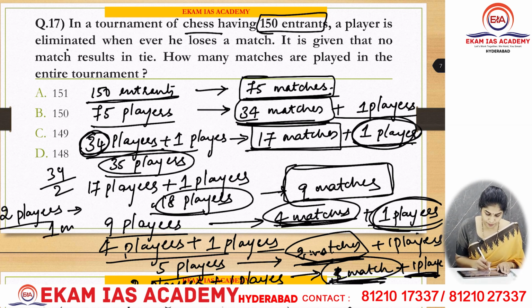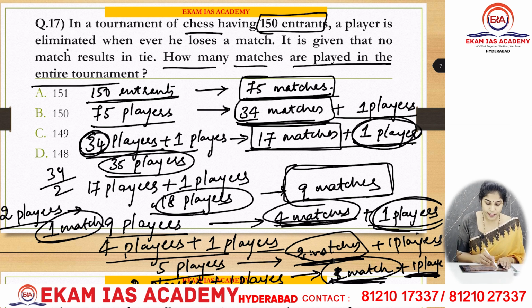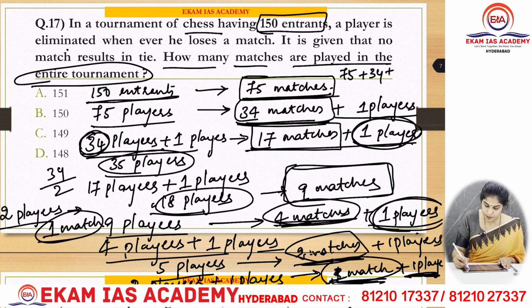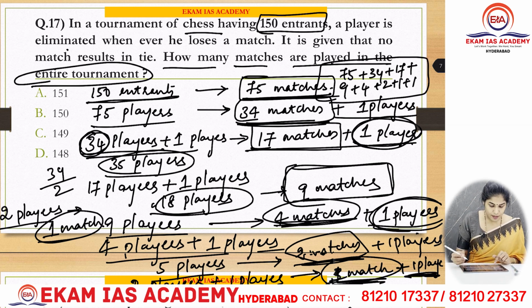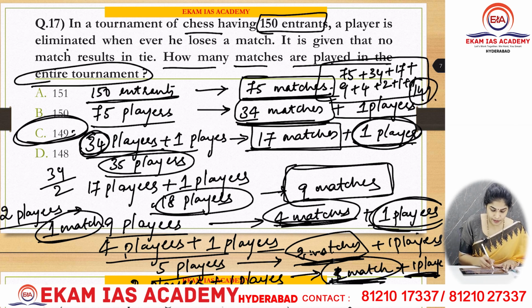So they will play 1 match, right? In total, what they are asking is how many matches are played in the entire tournament. So count the matches. They are 75 plus 34 plus 17 plus 9 plus 4 plus 2 plus 1 and plus 1, right? It amounts to 149 matches. So 149 is the right answer.